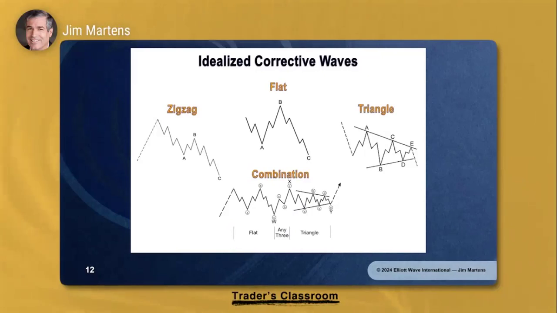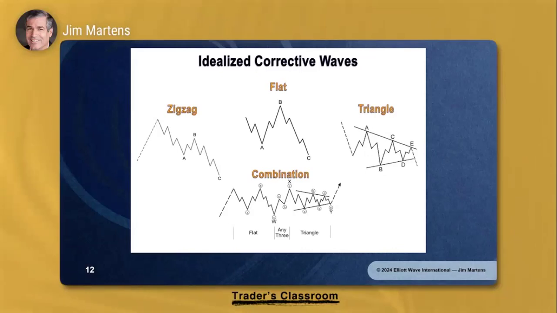And it's that doubt that results in an alternate count, usually. So for instance, as I mentioned, the zigzag starts with a 5-wave movement. So we know right off the bat that's wave A of an ABC movement, 5-3-5. Basic definition of a zigzag.